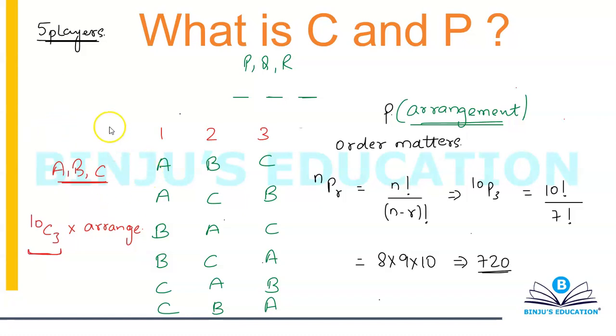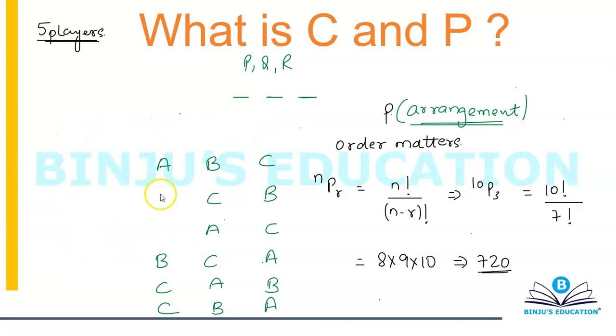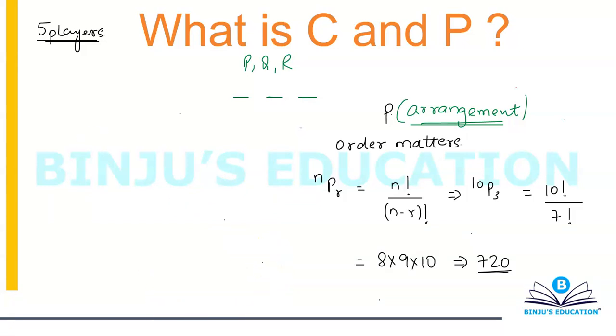So when you talk about NCR and NPR, I wrote the formula for NCR as n factorial divided by n minus r factorial into r factorial, and NPR is equal to n factorial divided by n minus r factorial.